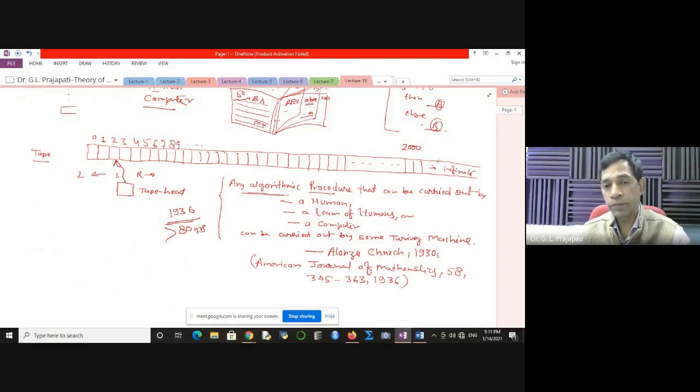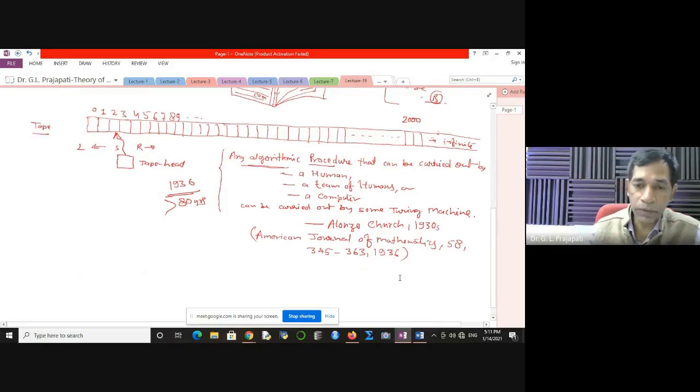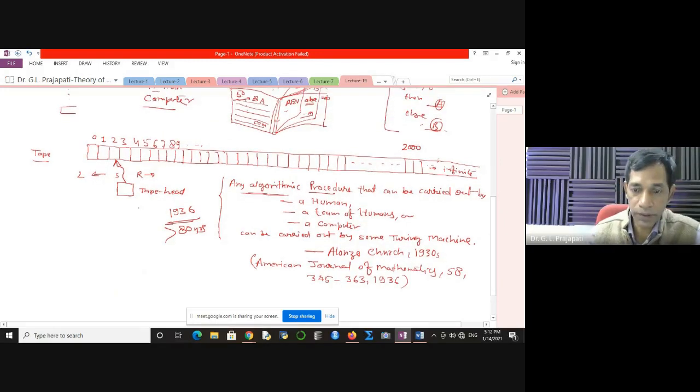This statement given by Alonzo Church is popularly known as the Church-Turing Thesis. So what does this Church-Turing Thesis say?